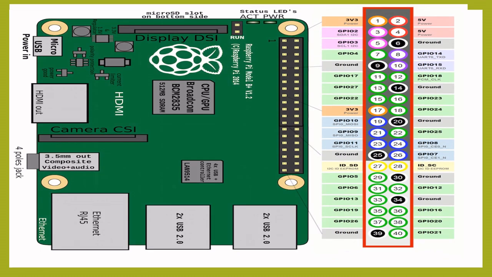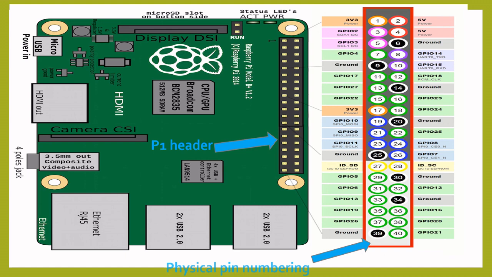Now by using this diagram, I will show you how GPIO numbering is given and physical numbering is given. First, this is called the P1 header of Raspberry Pi, which has a total of 40 pins.